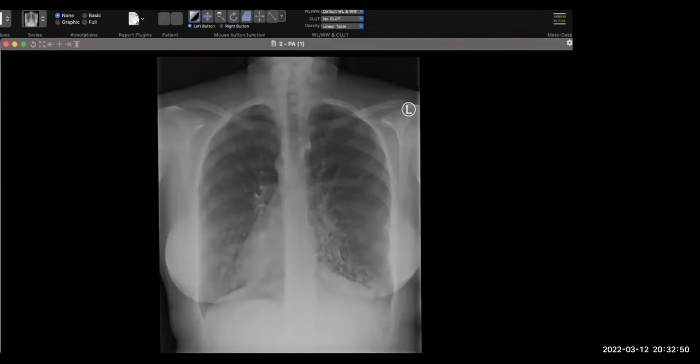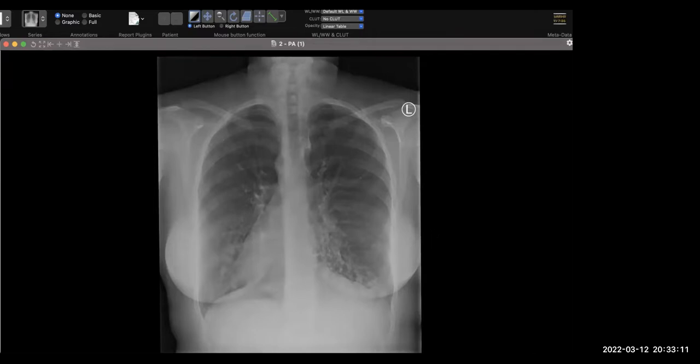Okay, so I am looking at the frontal chest X-ray of a skeletally mature patient. The most striking abnormality I can see is that the cardiac apex is situated on the right side. I'm trying to see the stomach bubble, but I am not completely able to appreciate the stomach bubble in this patient.